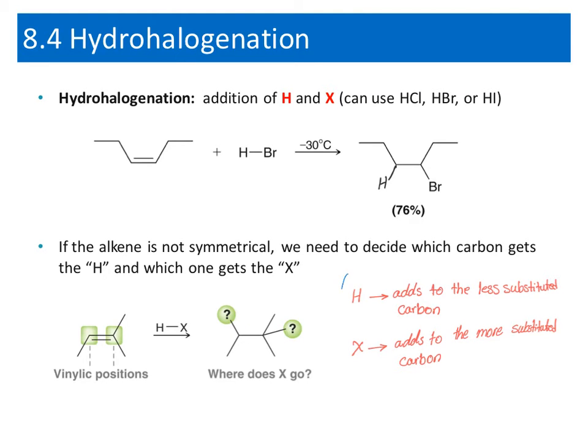So we call this rule Markovnikov rule. Markovnikov is the name of the scientist that discovered such a rule, which says hydrogen adds to the less substituted carbon and halogen adds to the more substituted carbon while doing hydrohalogenation across the double bond.